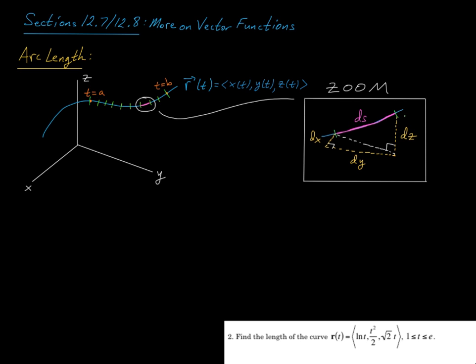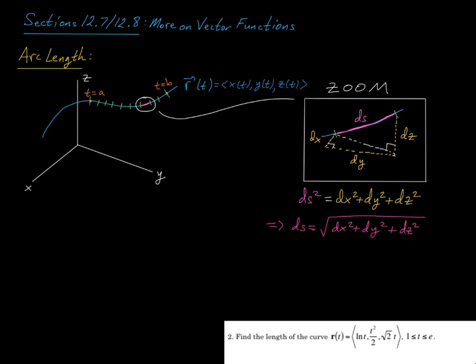Okay, and now knowing what we know about measuring distance in R3, ds here is at least approximately the distance from this tick mark to this tick mark. So ds squared, by two applications of the Pythagorean theorem, as we've seen earlier, is just the sum of the squares of each one of these little differential changes.